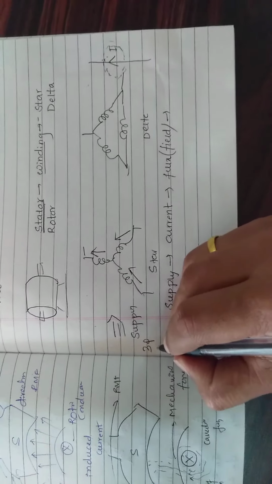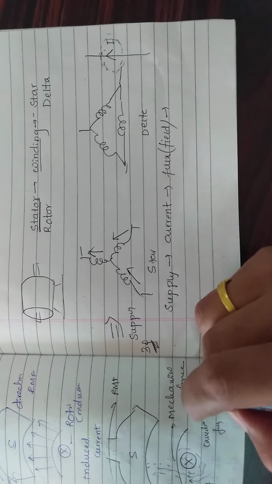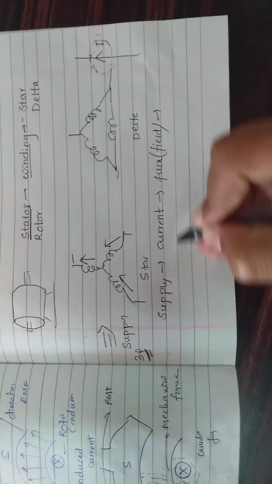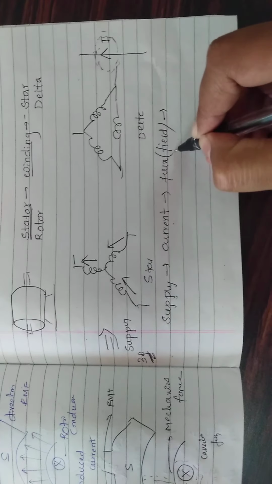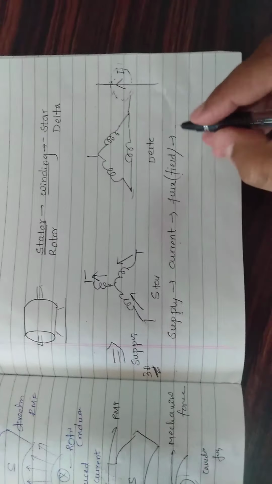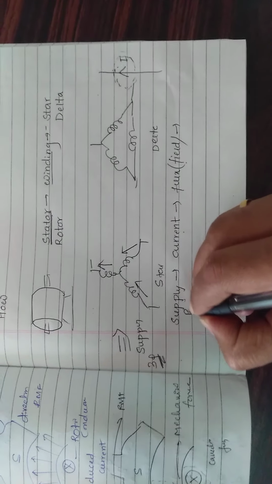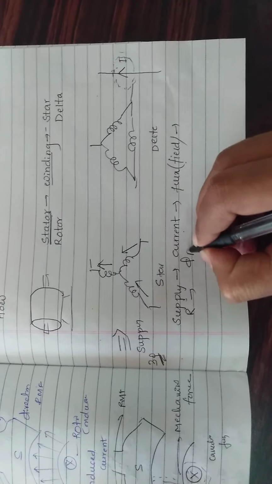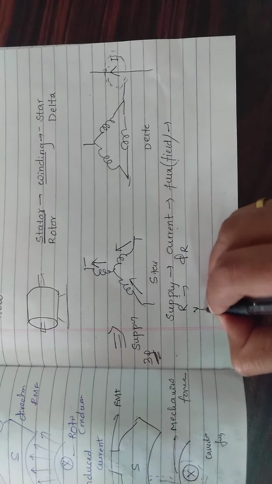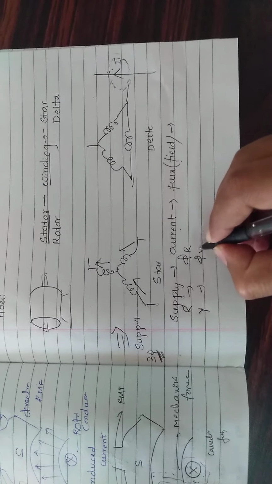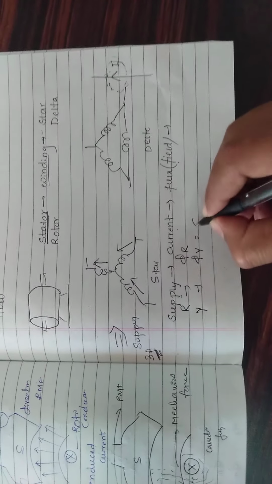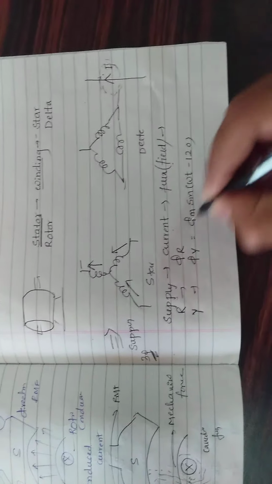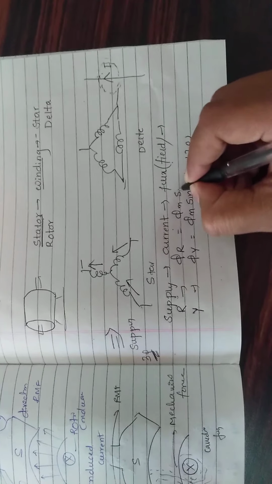As we studied, it is a three phase supply. Three phase supply means three phases: three currents will flow and three fields will be generated. For the R winding, the flux produced is phi R, equal to phi M sine omega t. R is the reference. Next, the flux produced by the Y winding is phi Y, equal to phi M sine omega t minus 120 degree.